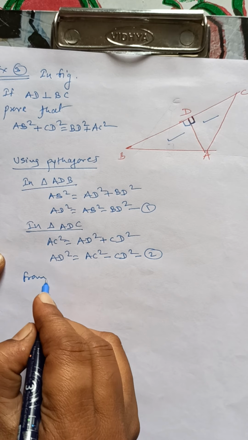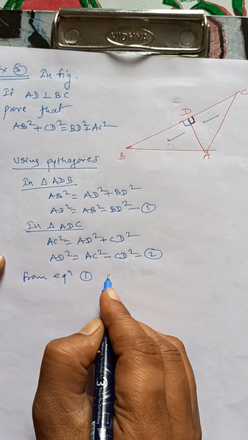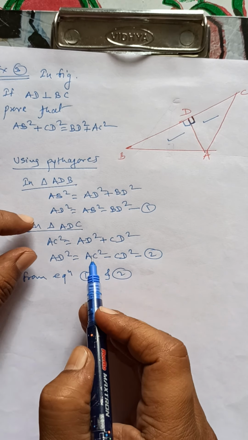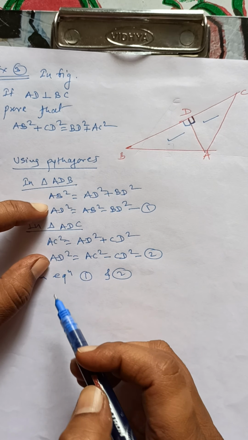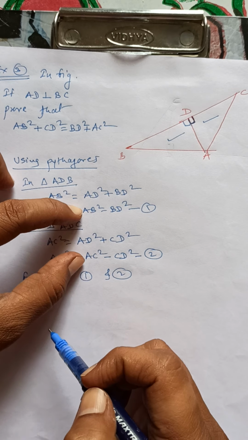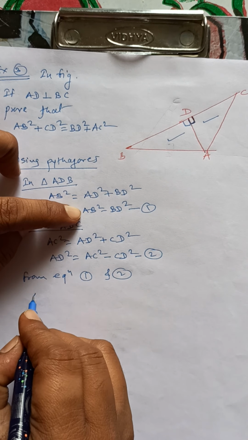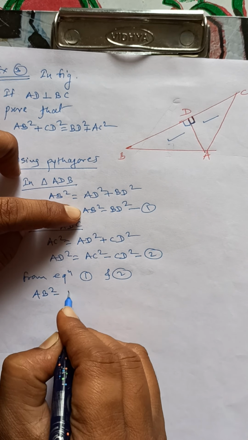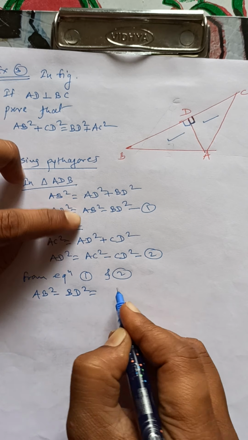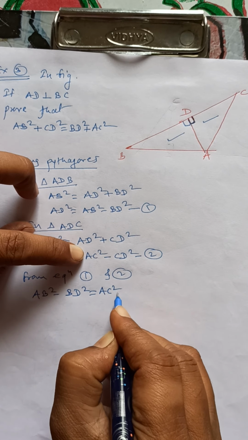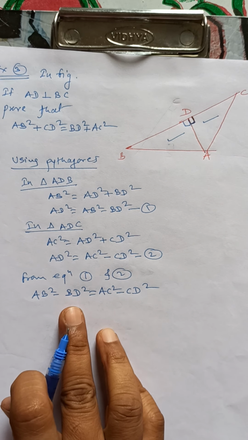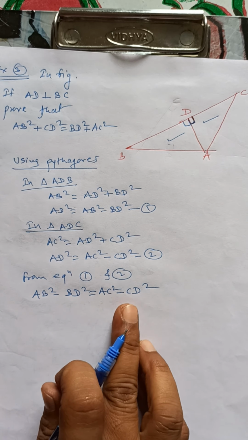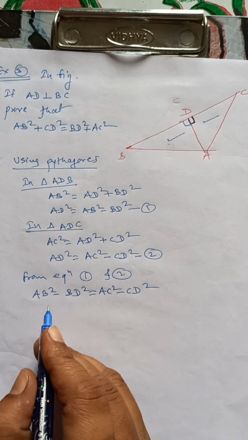So from equations 1 and 2, the left hand side AD square is equal, so we can say their right hand sides are also equal. Therefore AB square minus BD square is equal to AC square minus CD square. I'll transfer BD square to the right hand side and CD square to the left hand side.